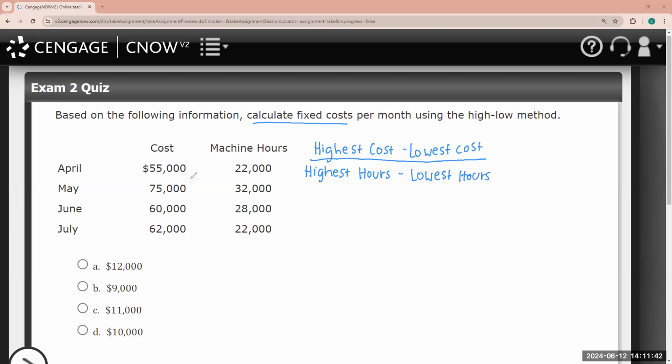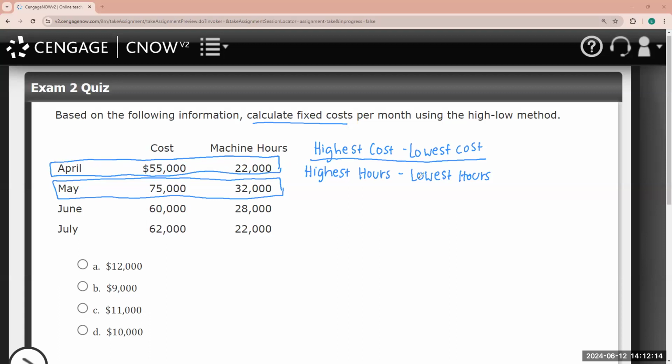All right, so based on this information, we see that our highest cost and our highest hours is for the month of May. And then from there, we see that our lowest cost and our lowest hours is for the month of April. So based on this information, we can now put the formula together.